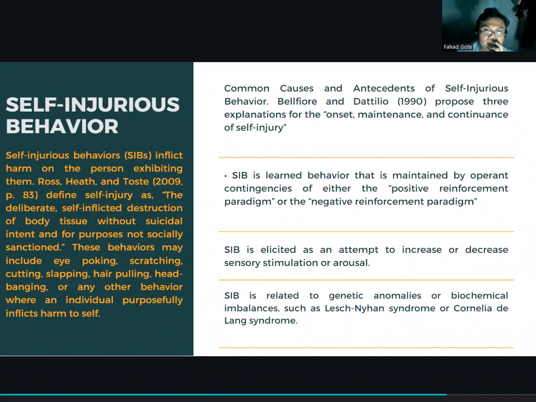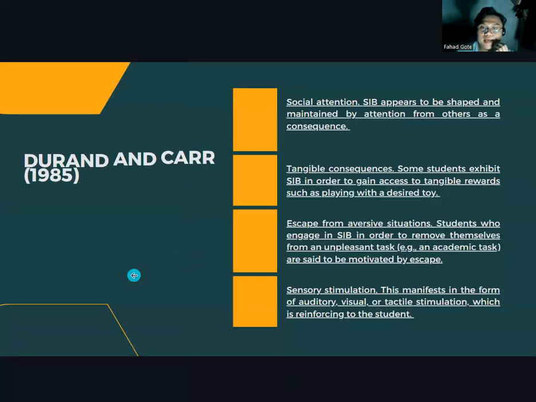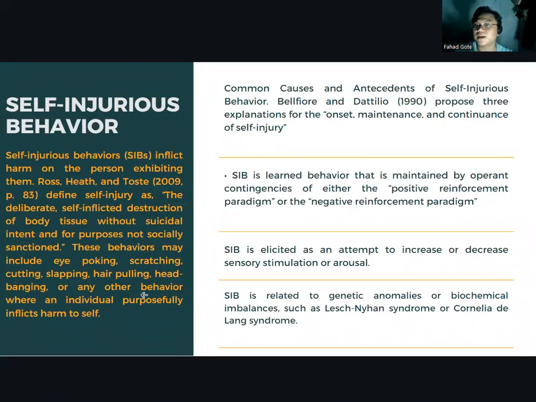First, SIB is learned behavior that is maintained by environmental contingencies, of either the positive reinforcement paradigm or the negative reinforcement paradigm. SIB is also elicited in an attempt to increase or decrease sensory stimulation. SIB may also be related to genetic anomalies or biochemical imbalances, such as Lesch-Nyhan syndrome or Cornelia de Lange syndrome.